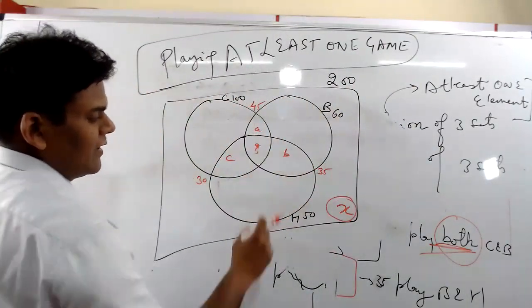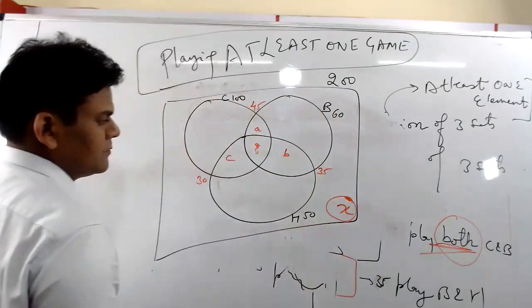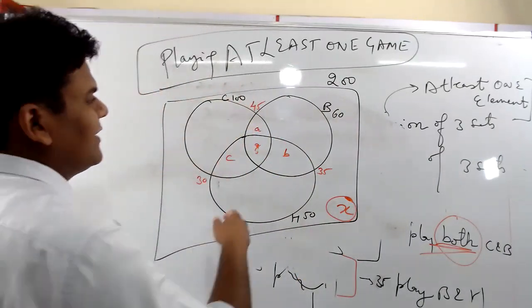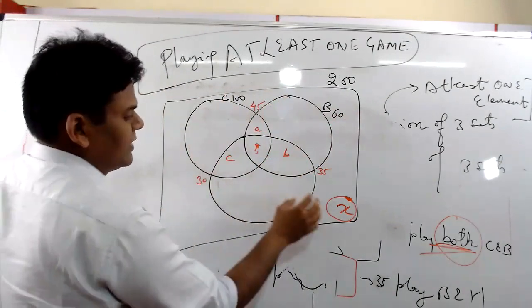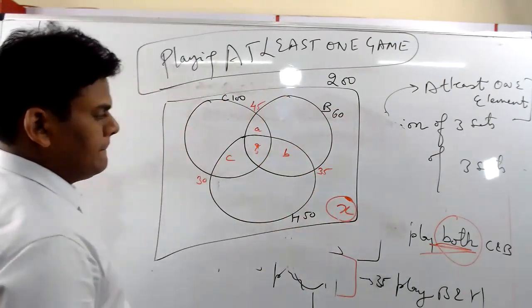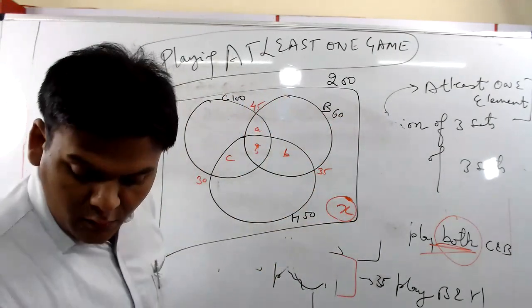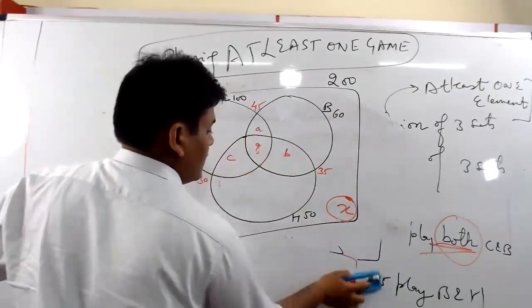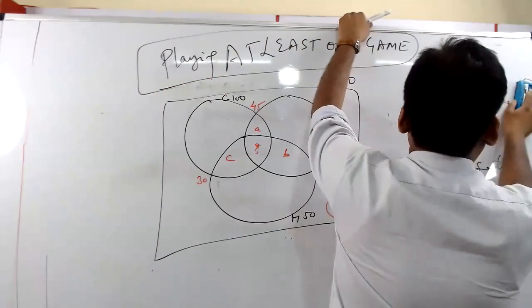So they are, let's say, X in number. So 45, 35, 30, X. So how do I go ahead? Now, here starts the important part. How to solve this question? At least one game.